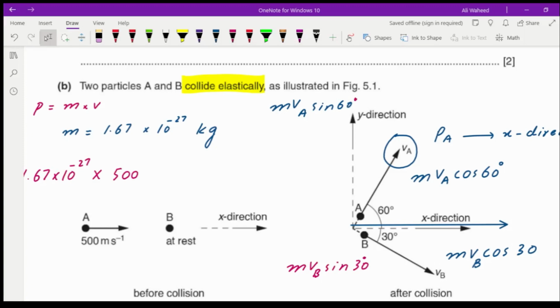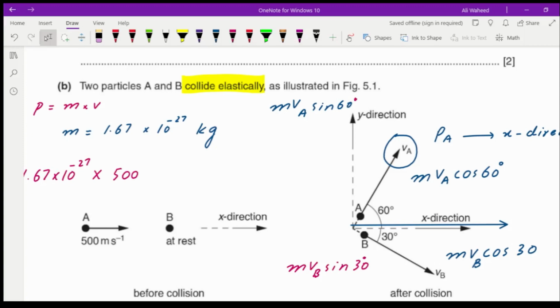But in projectile motion, the object was not traveling in a straight line, and the way out of that problem was we broke down the motion into x direction and dealt with that motion separately, and we also broke down the motion into y direction, and we applied the equations separately along the y direction. So we're going to do the same thing over here.